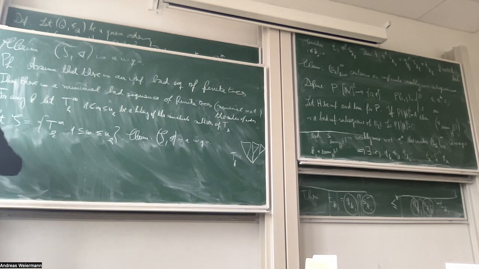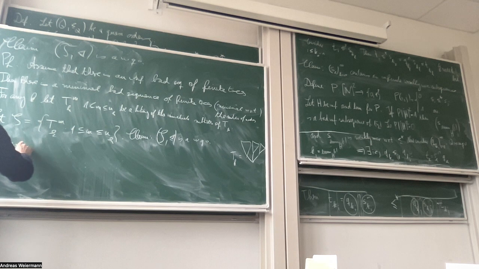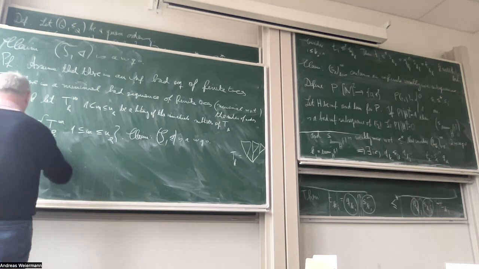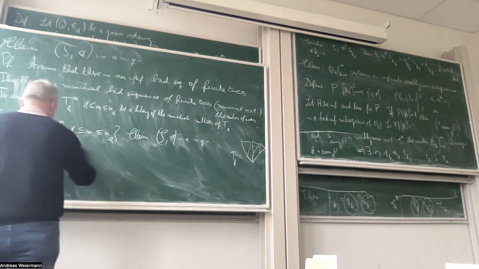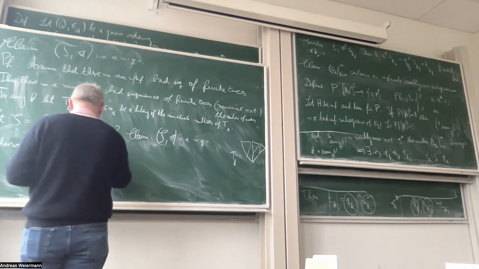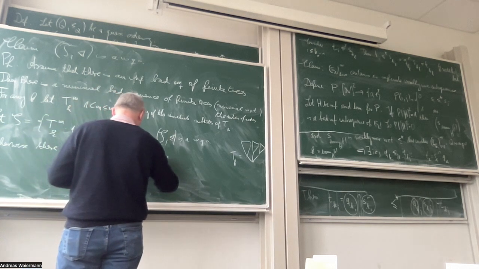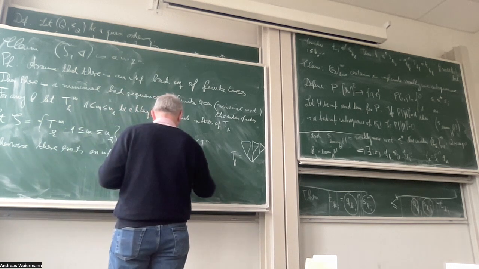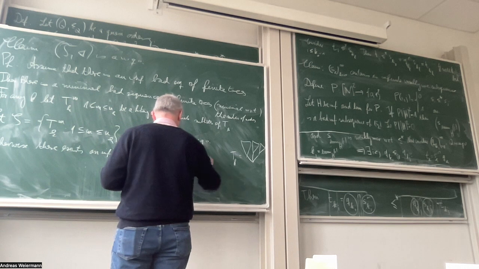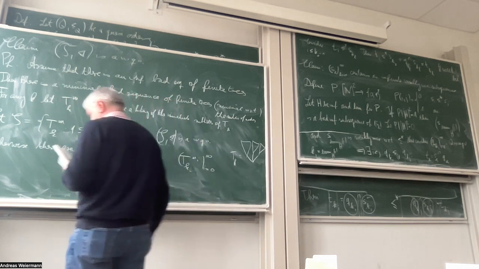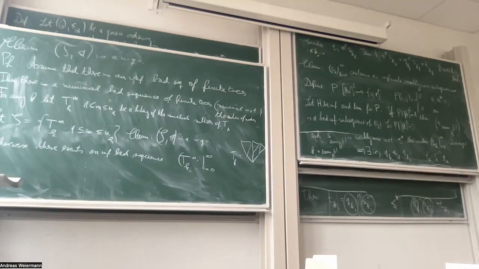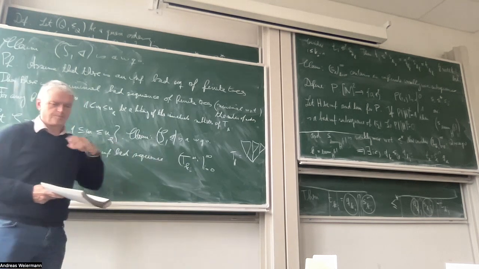Otherwise, there exists an infinite bad sequence in S. Otherwise, there exists an infinite bad sequence t k_i m_i. So we find an infinite bad sequence, and this is coming with these indices.